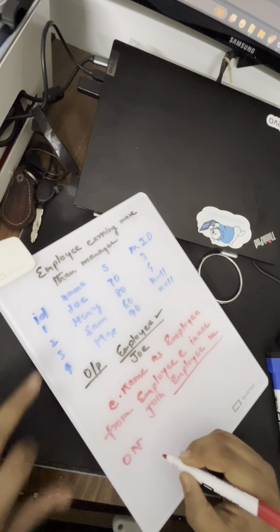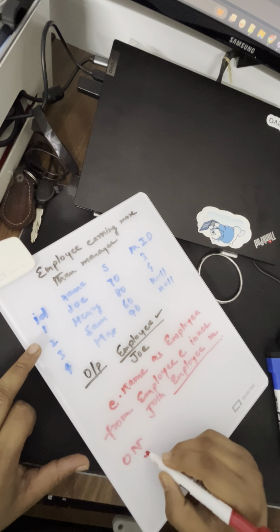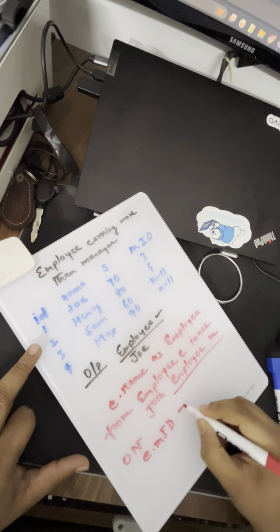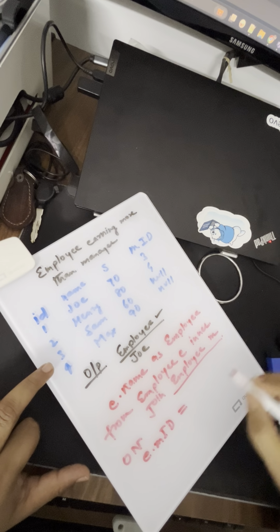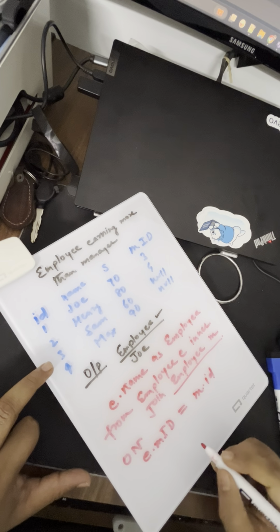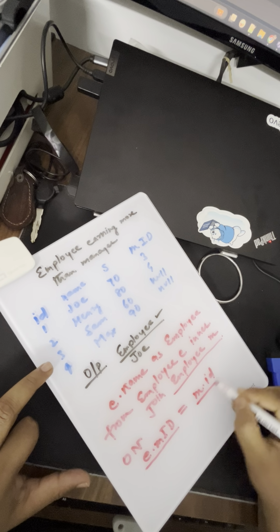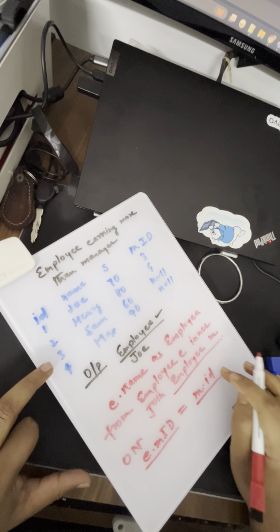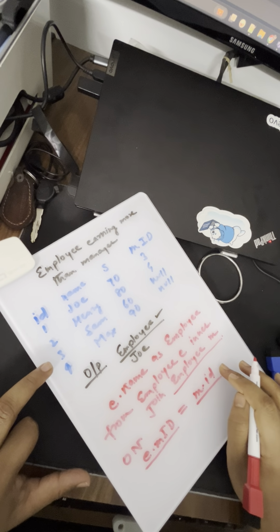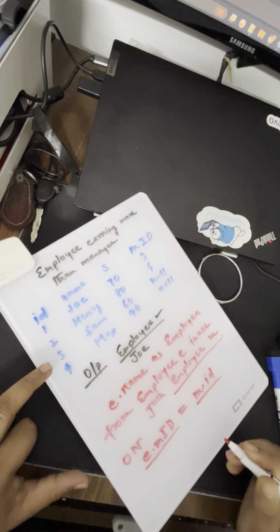So e dot manager ID should be equal to the same table's ID. If this is the ID, then that is an employee, and that tells us who the manager is. So we have to think about that association.